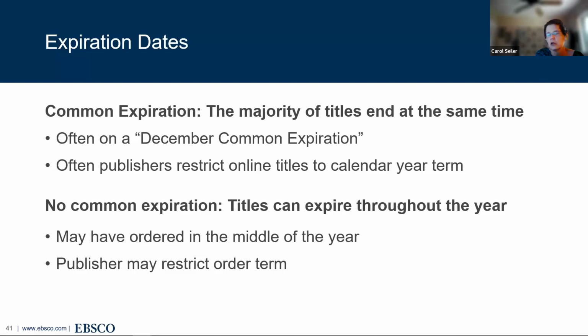The other option is no common expire. They're higgledy-pickledy all over the year. And that can be useful if you're often in a corporate situation where you need a different time frame for different things. But it is more work on your end in the library when there's not a common expiration, because there's often more renewals during the year, there's a lot more invoices, and you still have to deal with the publisher who may restrict the order term.